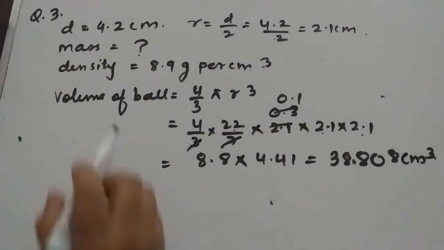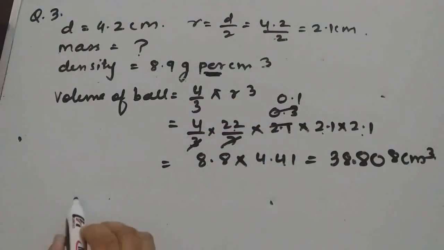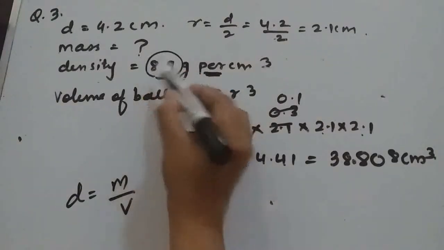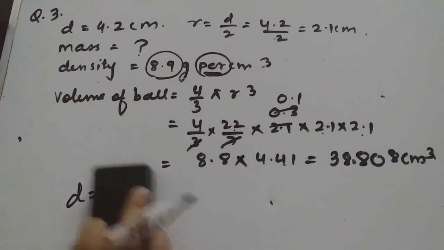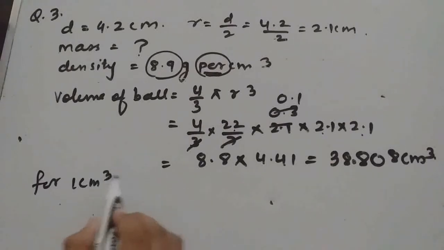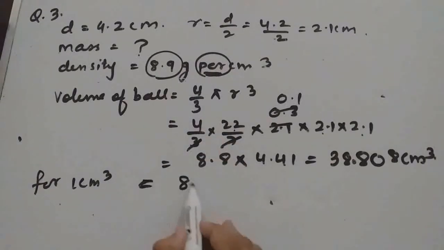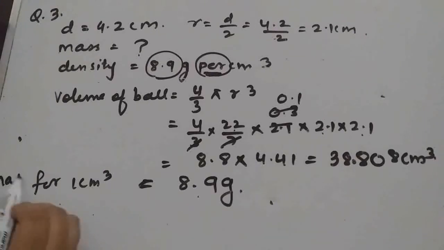Now here it is given that the density is 8.9 gram per centimeter cube. Now, the density formula we know is mass by volume, isn't it? So this is mass and the volume is 1 centimeter cube. That is, for 1 centimeter cube volume, the density is given as 8.9 gram. So the mass for 1 centimeter cube we can write as 8.9.